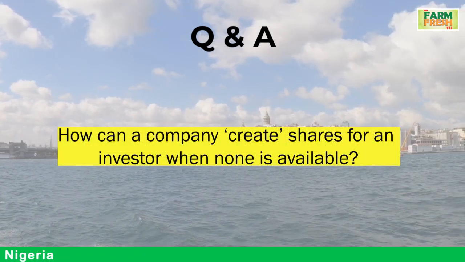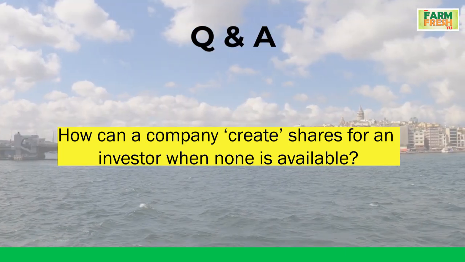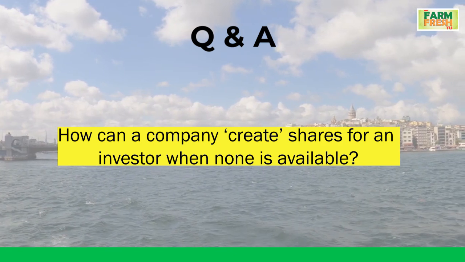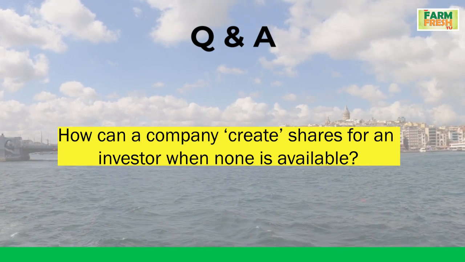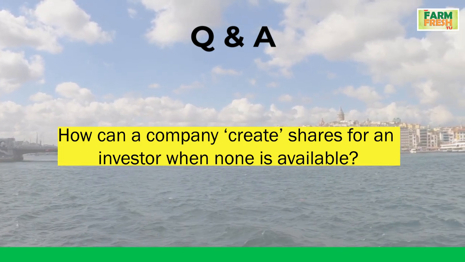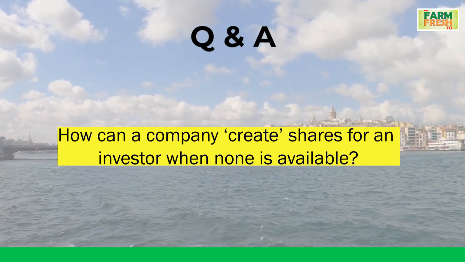Because you all own equal shares, is it possible somebody wants to buy shares and there is no share to sell? Yes. So what do you do? Number one, you can increase the shares for the company to have shares to sell. Number two, you can talk within yourselves to all contribute part of your shares.